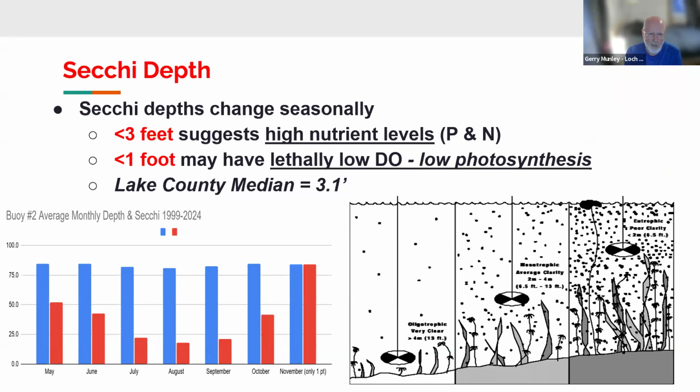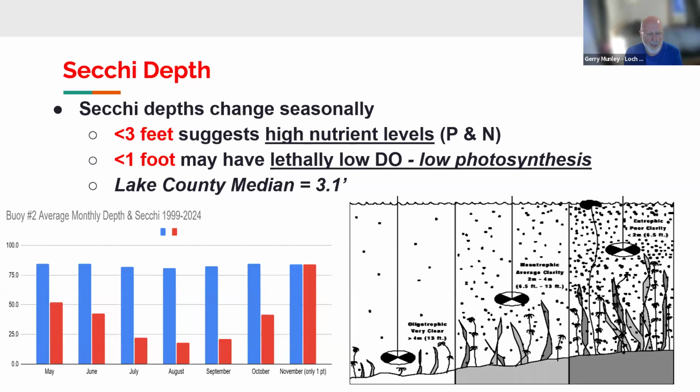And if your Secchi depth is below 3 feet, it does suggest that there may be higher nutrient levels like phosphorus and nitrogen. If it's below 1 foot, then you may have lethally low dissolved oxygen, lack of photosynthesis occurring. And the Lake County median is 3 feet.